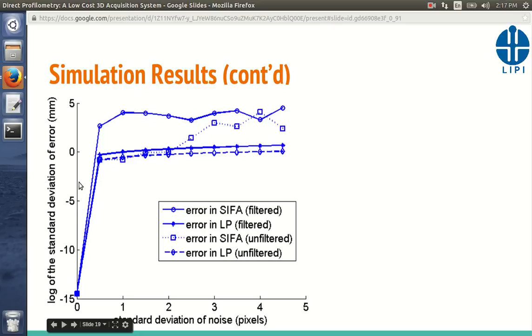This is the log of the standard deviation of the error. The SIFA error is very big, while in direct profilometry, or linear profilometry, it is quite small, whether filtered or non-filtered.